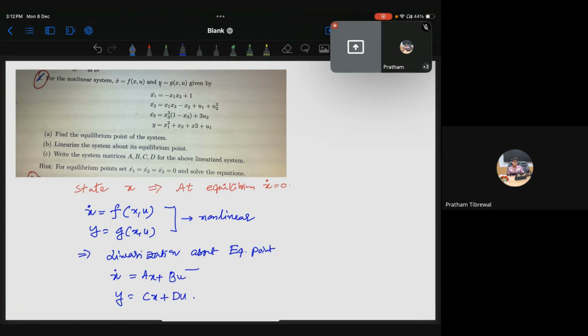Is that clear? So at this equilibrium point, the system becomes linear, or we call it a linearized system with respect to this equilibrium point. Any doubt about equilibrium points? Any conceptual doubt?